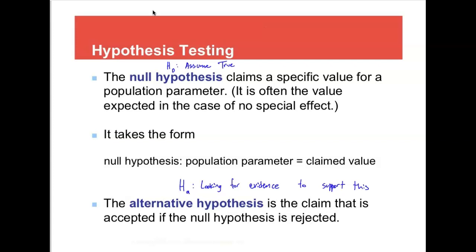You have been charged with something, but you're presumed what? Innocent, and it is on the state to provide evidence of guilt, right? That's just like here. The null hypothesis is the thing you assume to be true. Under that assumption, you go in and look for evidence of the alternative hypothesis.